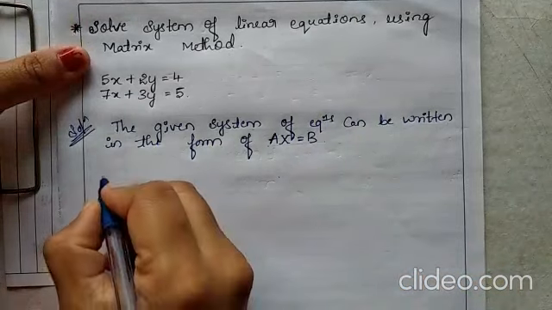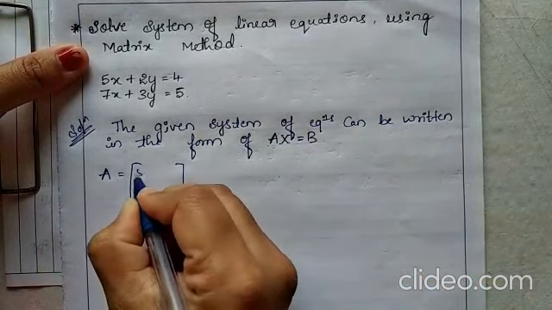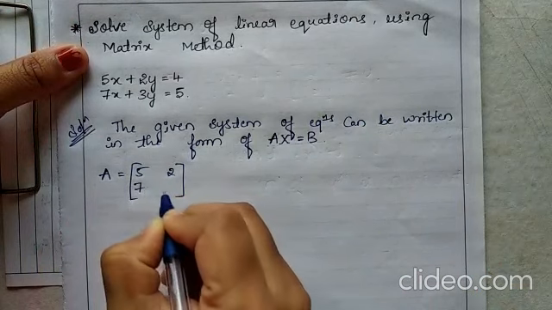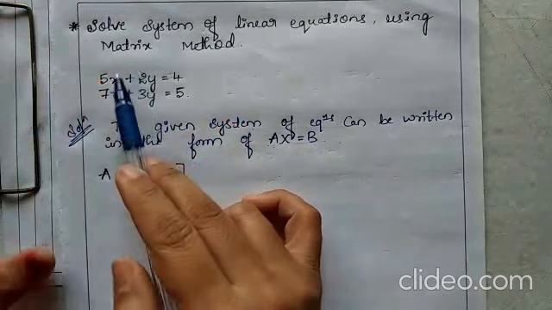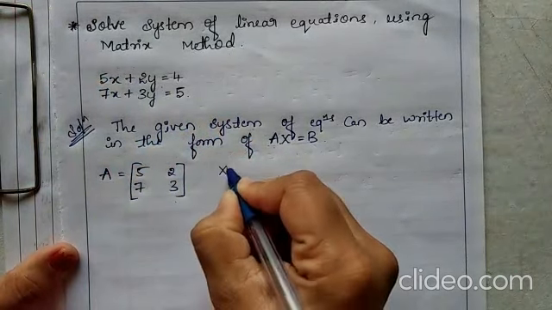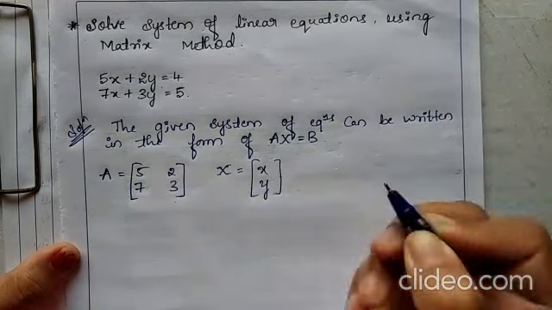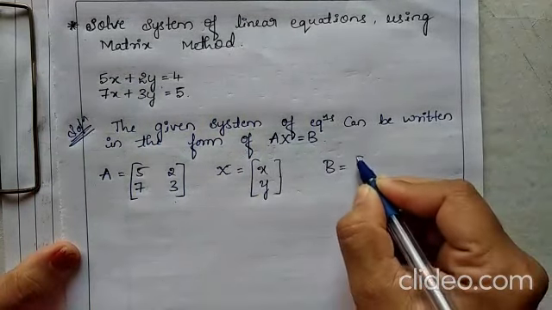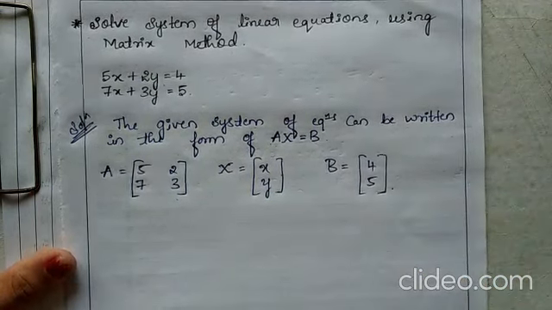So what is A here? A is the coefficient matrix, that is 5, 2, 7, 3. I am writing the coefficients of x and y in the matrix A, and X is the variable matrix, that is x, y, and B matrix is the constants, that is 4 and 5.